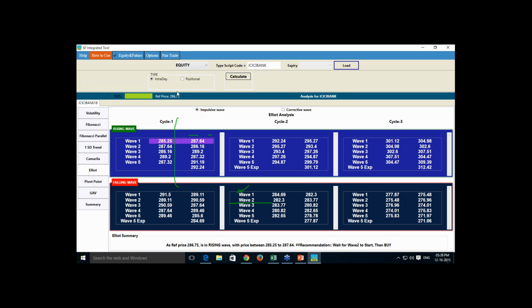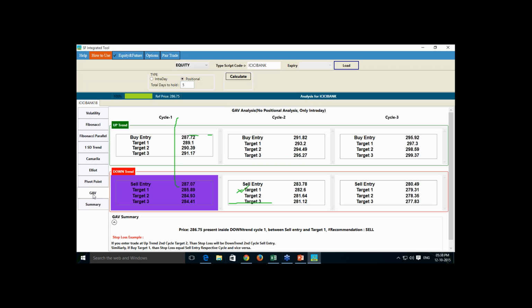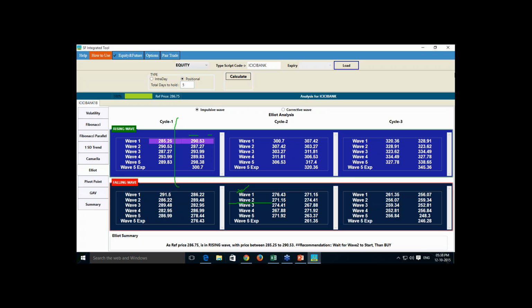All these things you can do, and whenever you choose a positional, you have to give the number of days which you wish to retain the position. Based on that the calculations will be done as per the Elliott study, and you can get those details also. So this is about the product.